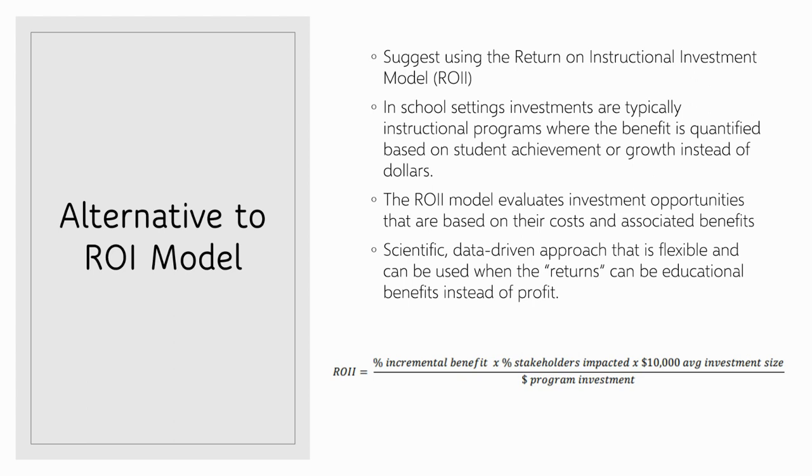This assumes that $10,000 on average is invested for instructional programs. This provides a scale for the return calculation. Next, we'll see the monies invested in the program. This is equal to the annualized money that is invested and the cost of the program based on the assumed life cycle of 4 years for the program.